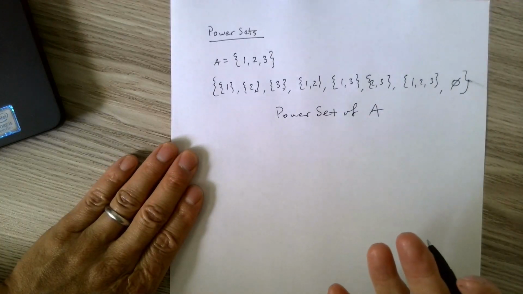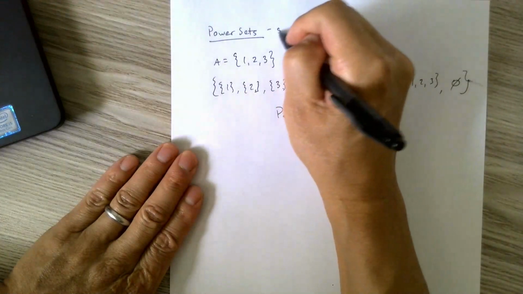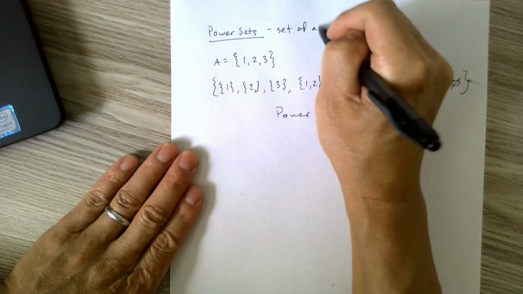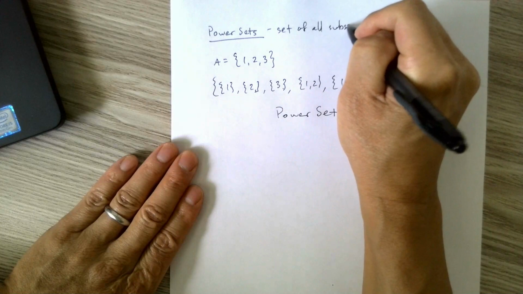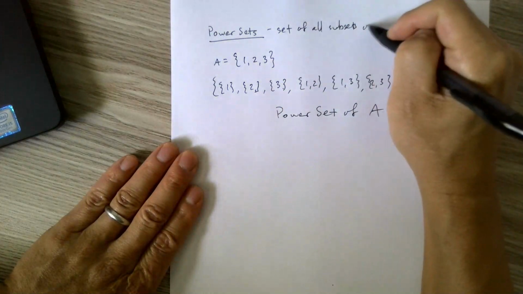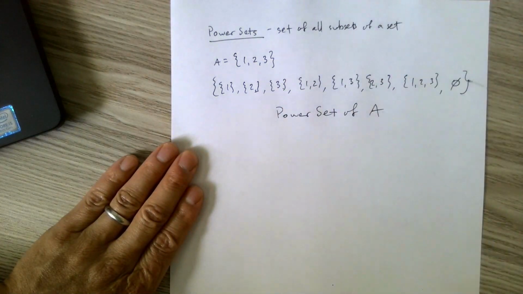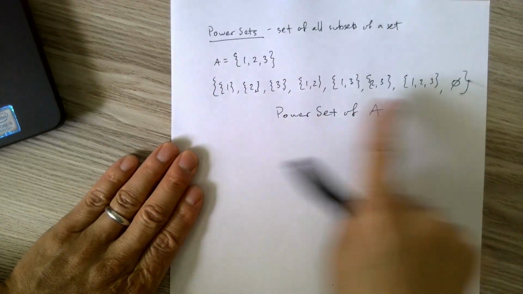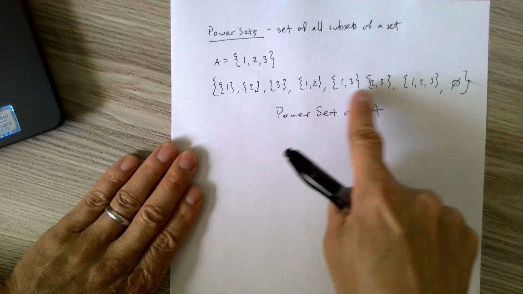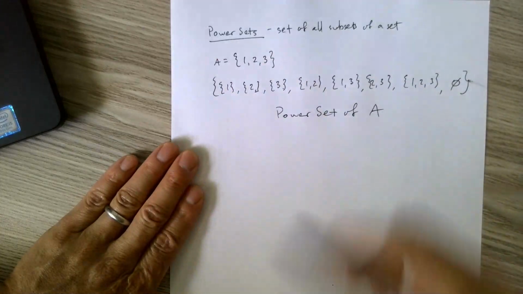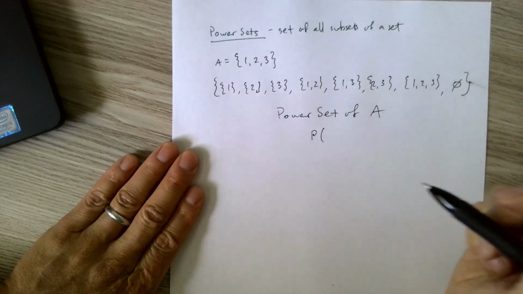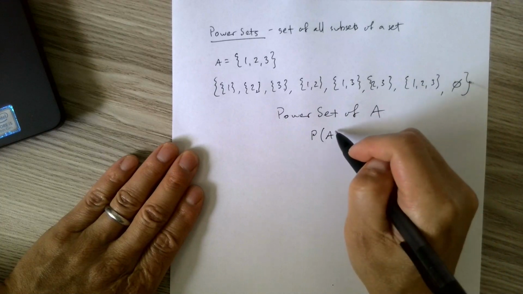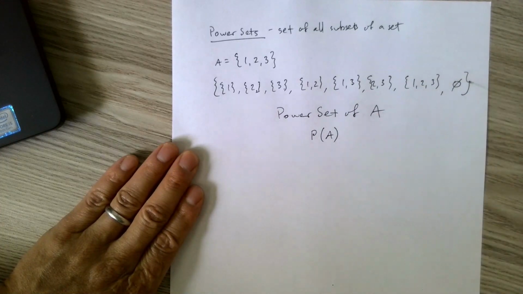So a power set is the set of all subsets of a set. The given set is A. Here is the power set of A, the set that contains a list of all the subsets of A. And normally we use a capital A for symbolic purposes.